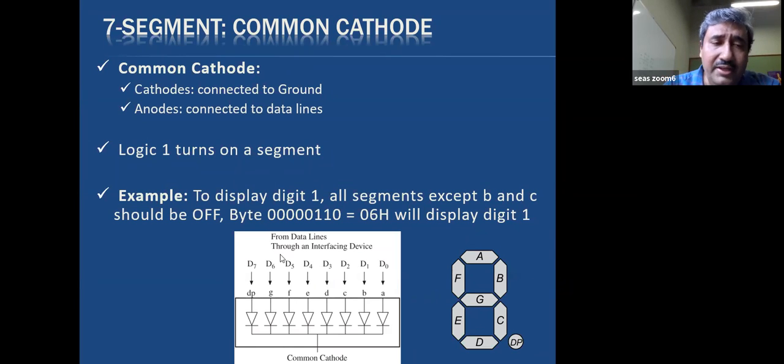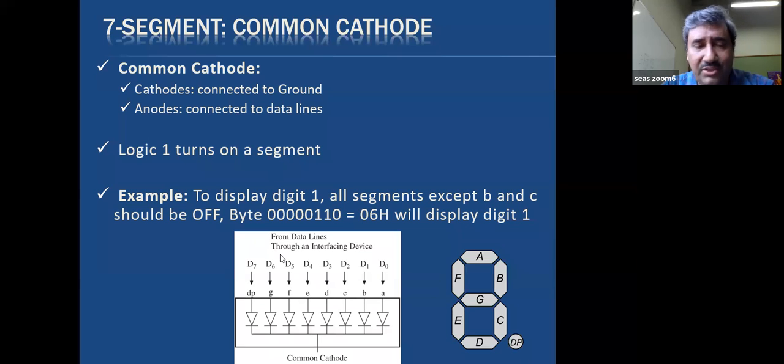And to do that, what should be my 8-bit message that is going out on the port? Now I want to write down the binary. What should be the 0s and 1s going to the port in this case, to turn on these segments? Remember, to turn on, you want to send logic 1.